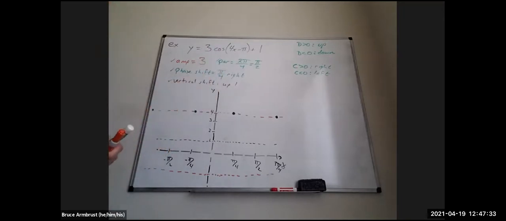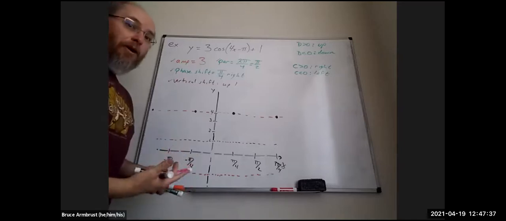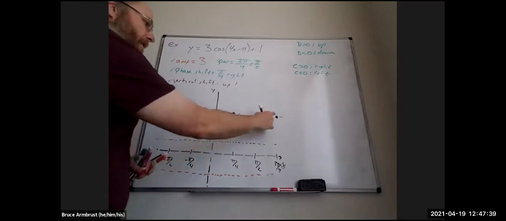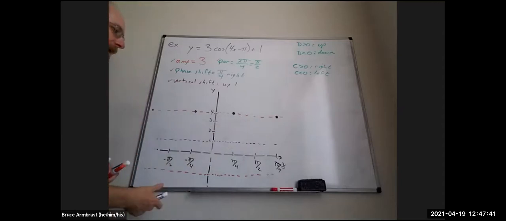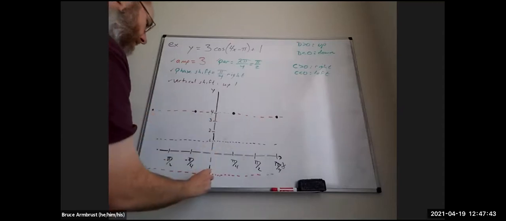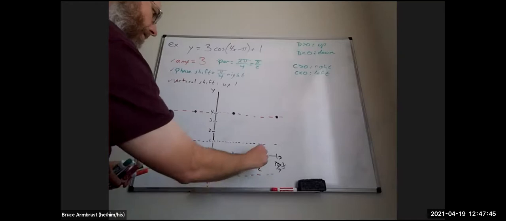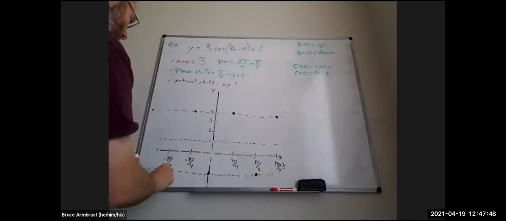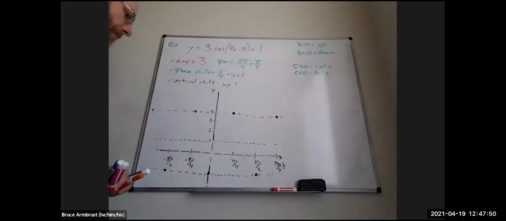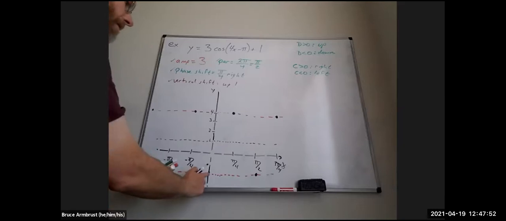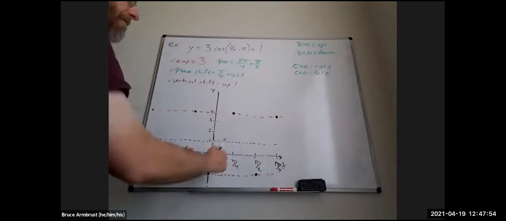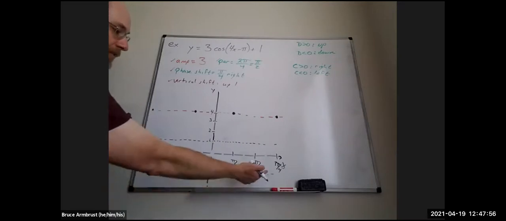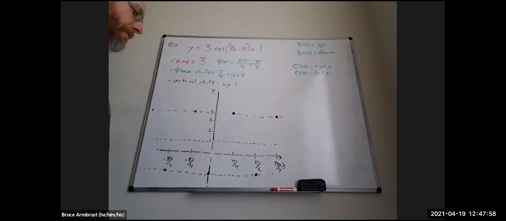And now all I have to do is finish filling in this graph by knowing what I know about cosine. In between the maxes is a min, exactly halfway. So that means there's a min here. There's a min here. There's a min here. Those minima are happening exactly halfway between the maxes, and they're down on the other orange line because of my amplitude.